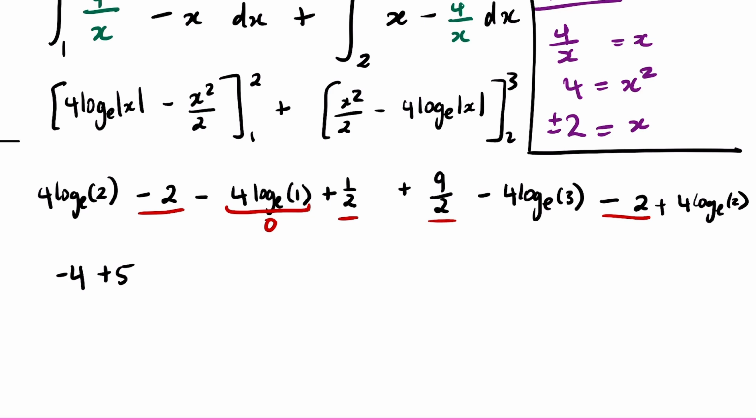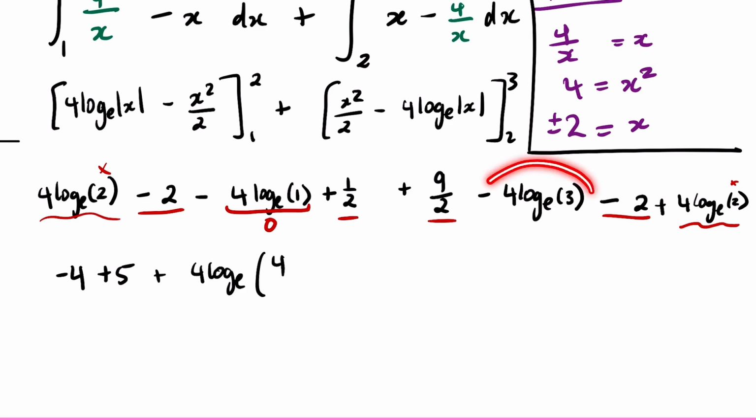And we have 4 log e 2 plus 4 log e 2. Remember, when you add 2 logs with the same base, you multiply what's on the inside. And I mean, this is exactly the same, so we could probably deal with this first. 4 log e 2 plus 4 log e 2 means we need to multiply the inside. So that's going to be 4 log e 4.